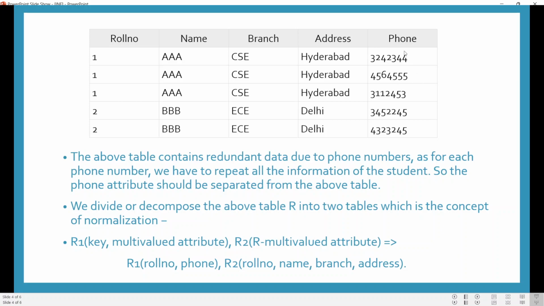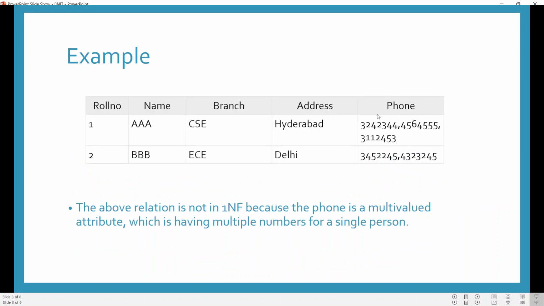When we remove it, what are the remaining attributes? Roll number, name, branch and address. So we will form one table with roll number, name, branch and address.